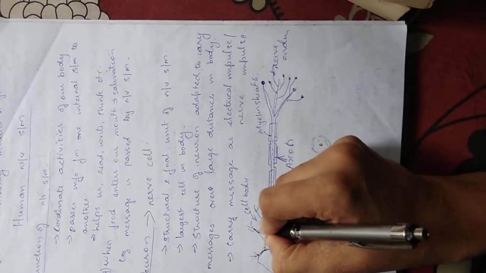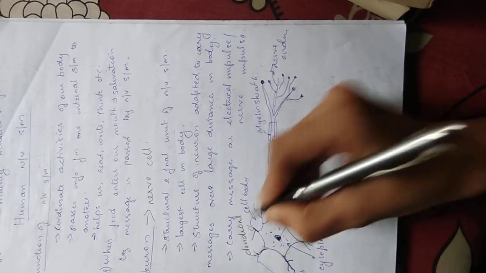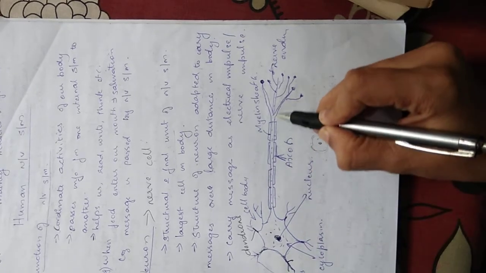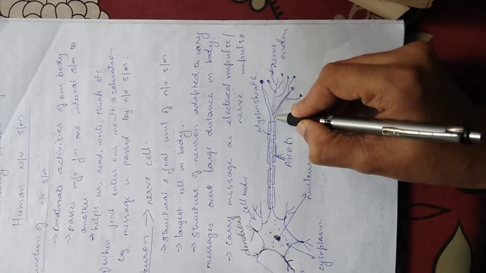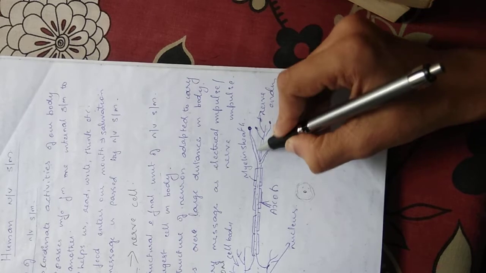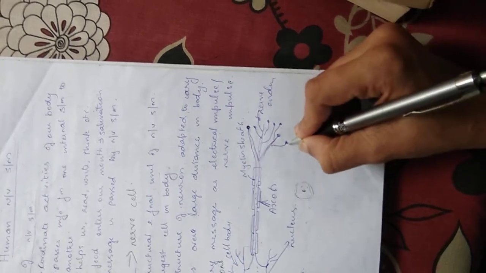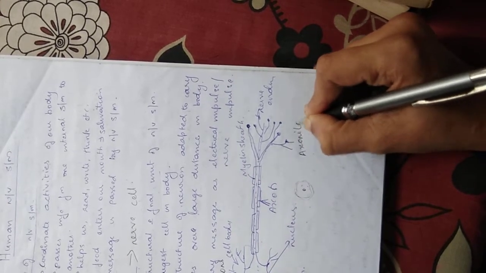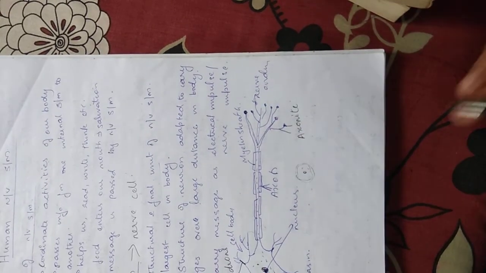Dendrons. Okay, I did not write it down. So these dendrons have branches known as dendrites, and the largest extension is known as axon. Now axon again is divided into branches known as axonites. Axonites are basically the branches of the axon.